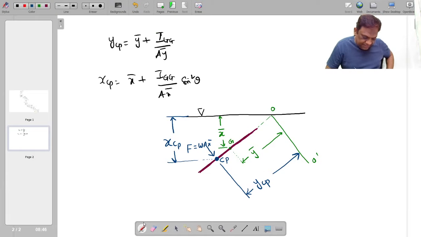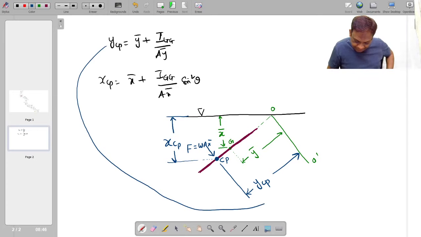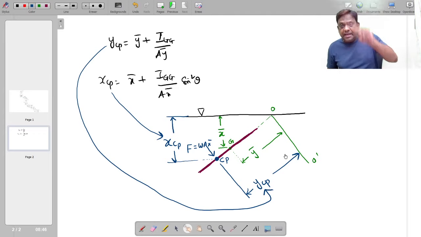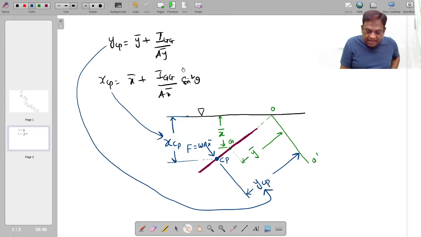If this is my YCP, and if you want XCP, the position for vertical, it will be this equation. If you want inclined, it will be this equation. In examination, you may be memorizing this, but if he gives this, you will be in trouble.